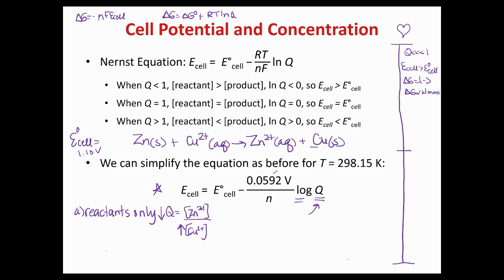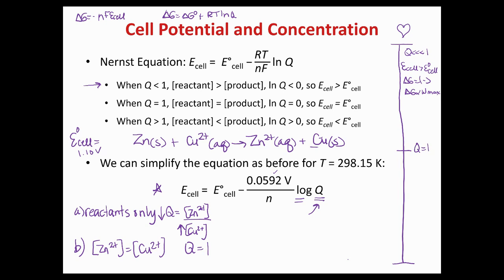So here you go. Where we're at is right here. This first thing, the start of the battery. The battery is going to give off free energy to do work. Ultimately, you're going to get to the point where zinc ion equals copper 2, and when that happens, Q equals 1.